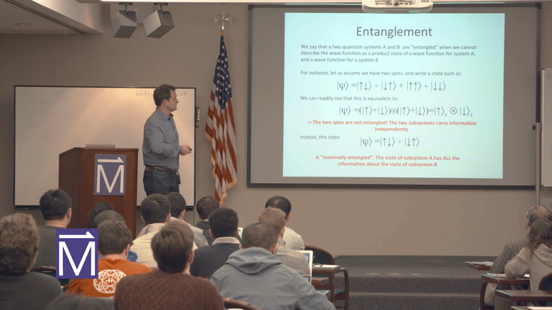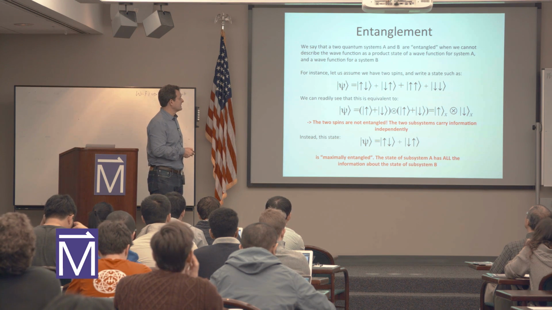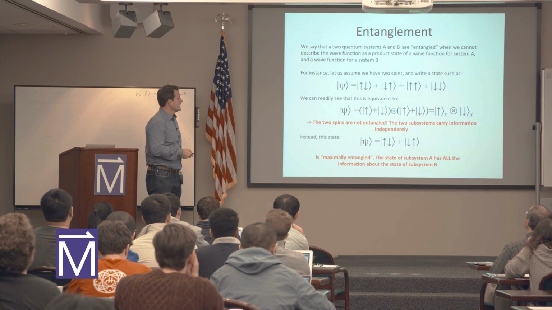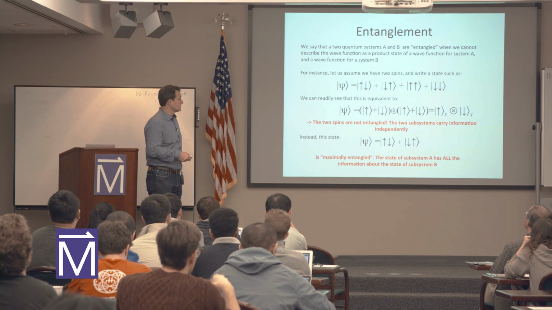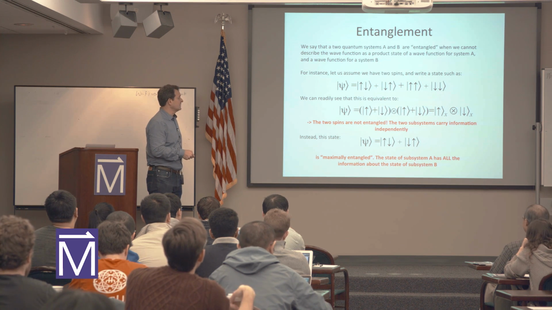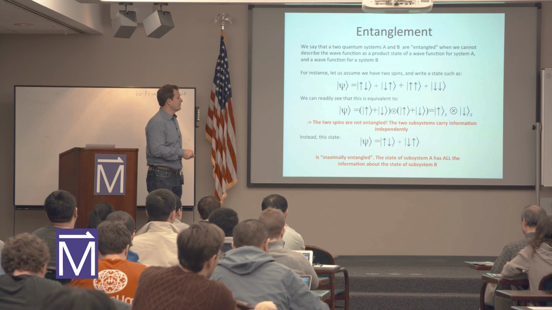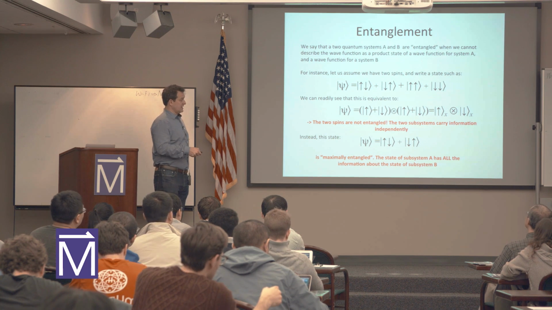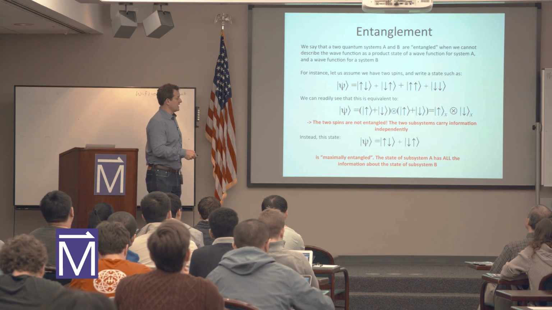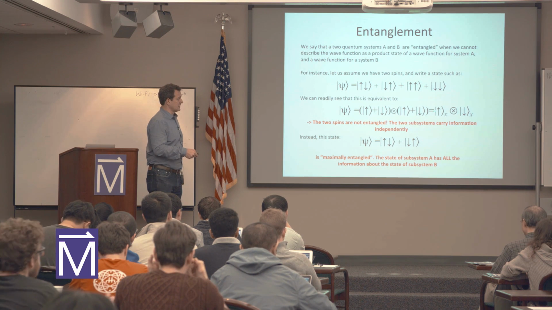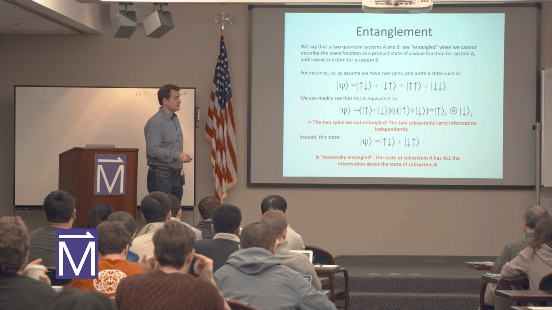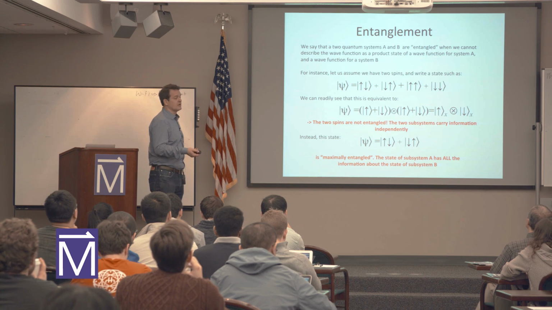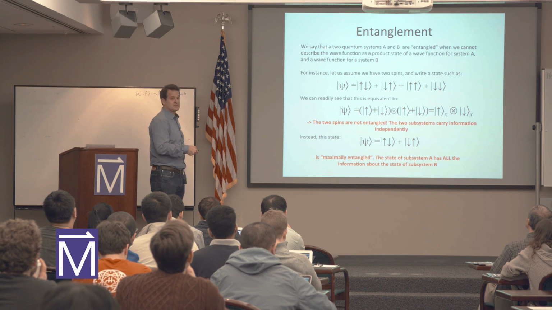But if you look at this more carefully, you realize that this is basically a product of two states: the first spin in the up plus down state, and the second spin in the up plus down state, which is basically the state pointing along the x direction. So this is actually a product state.